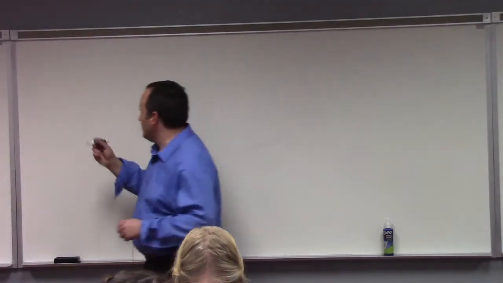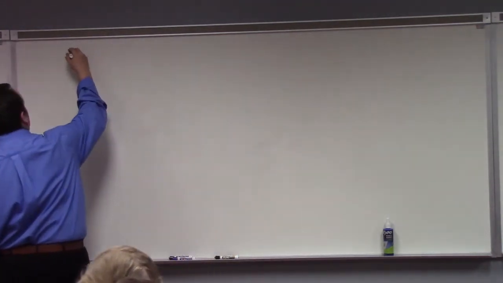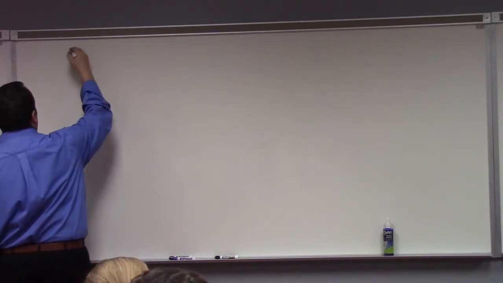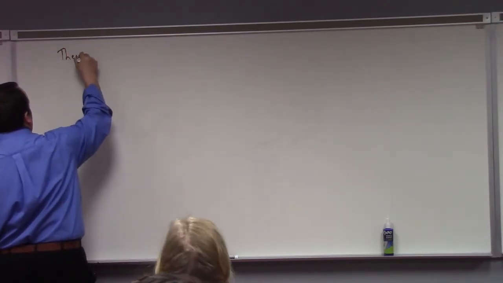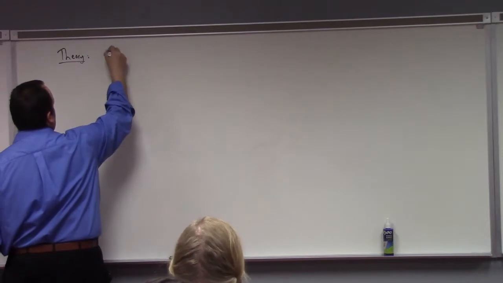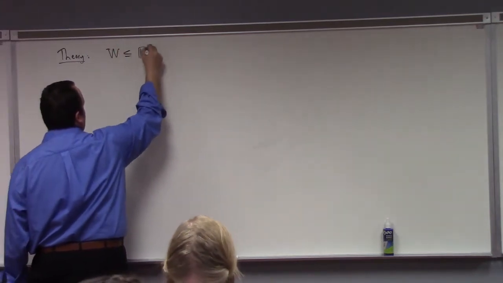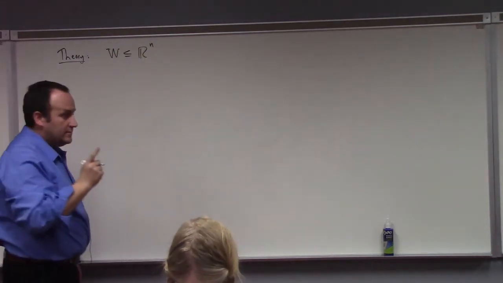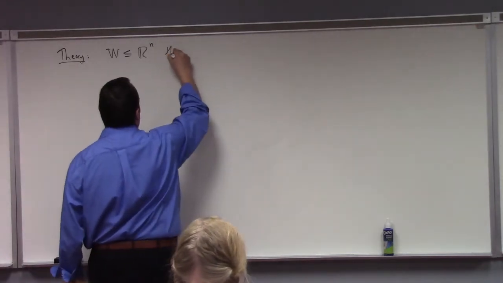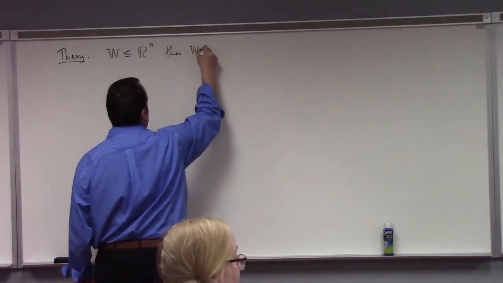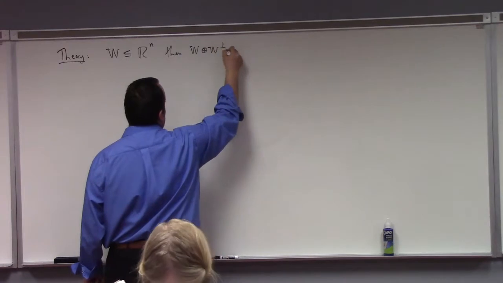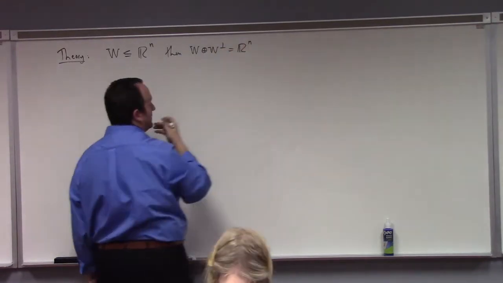So this goes back to a more basic question, right? So let's think about some theory. Some theory will make your life easier here. If we have W a subspace of Rn, then W direct sum W perp is equal to Rn, right?